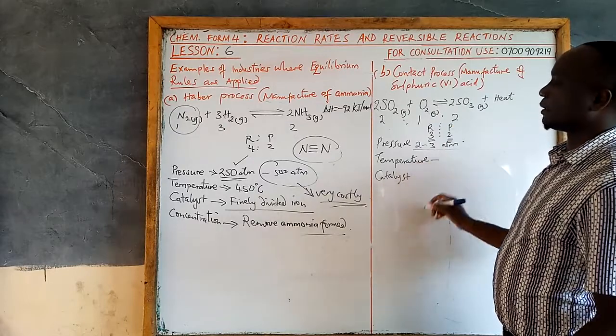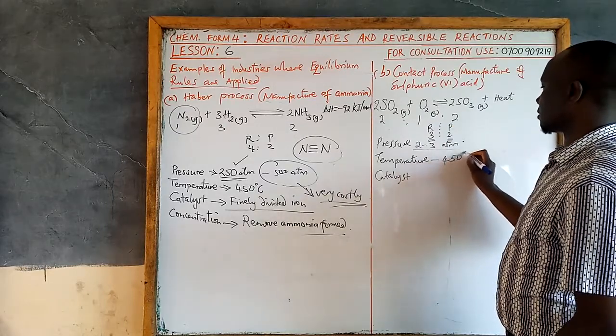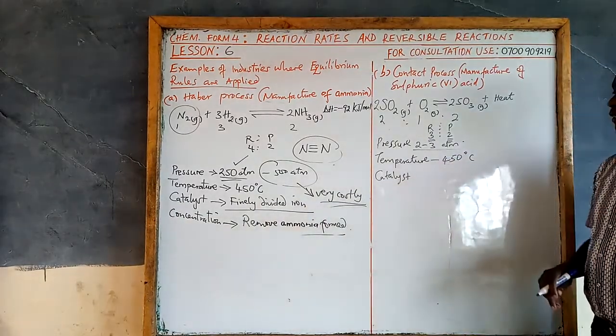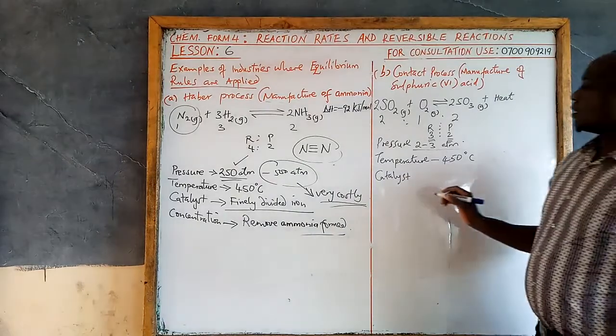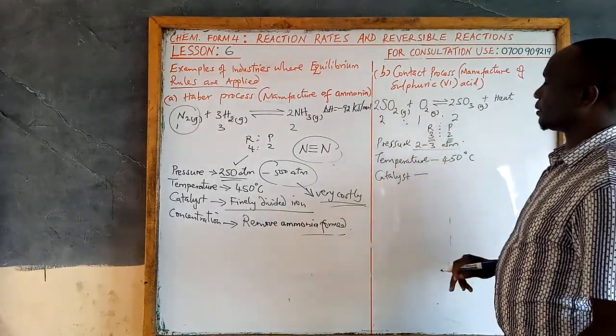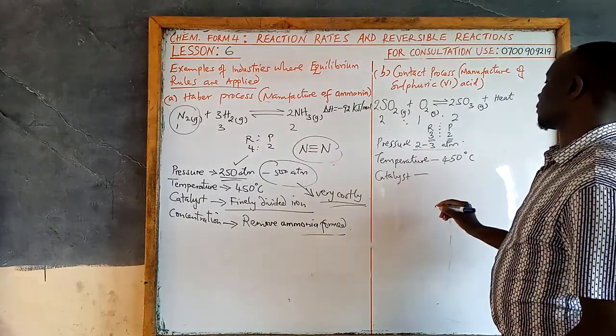Then again a temperature similar to that, 400 to 500 degrees Celsius. So you can take an average of 450 degrees Celsius. And then also a catalyst is used so that this equilibrium is established faster, for the reaction to occur faster.